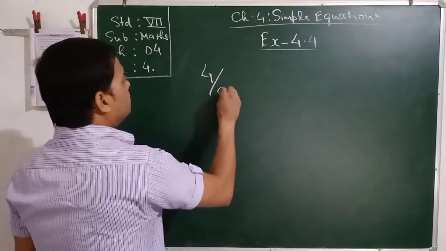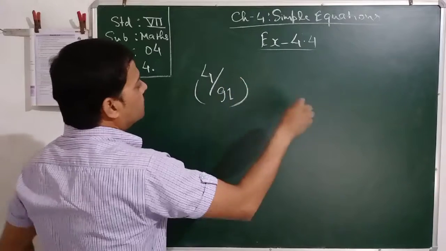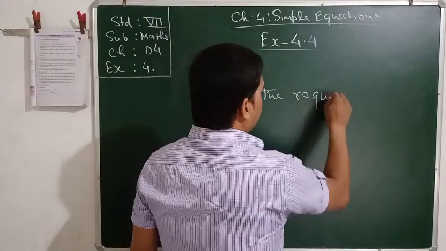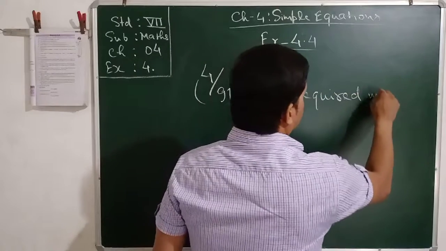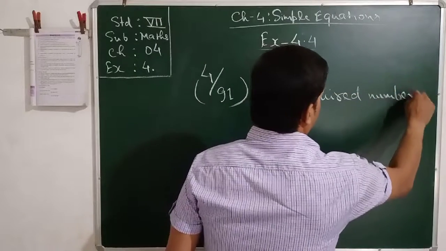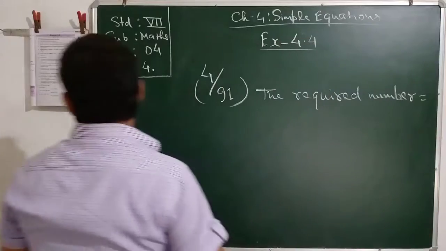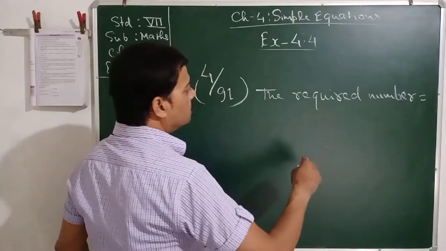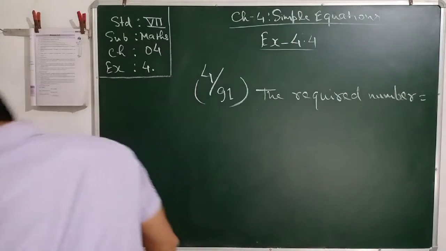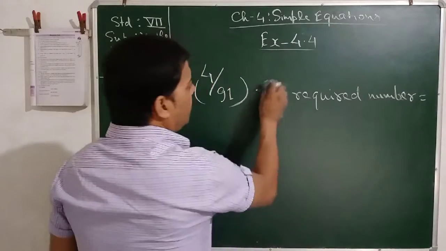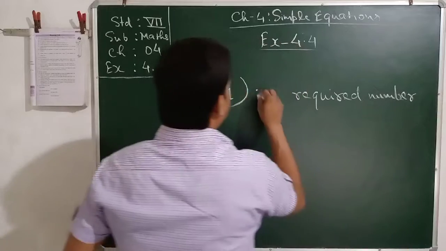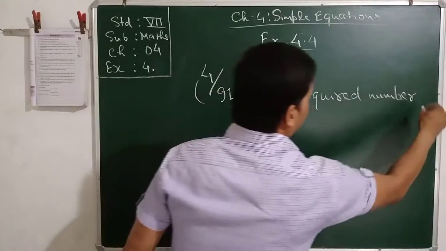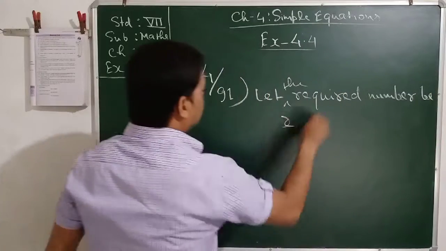Number 4 sum, page number 91. Instead of writing the required number, let the required number be x.